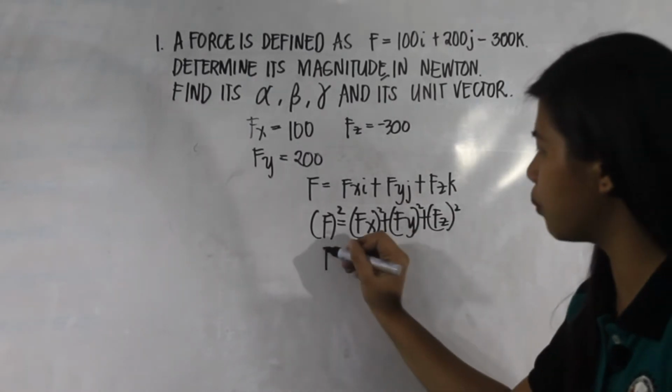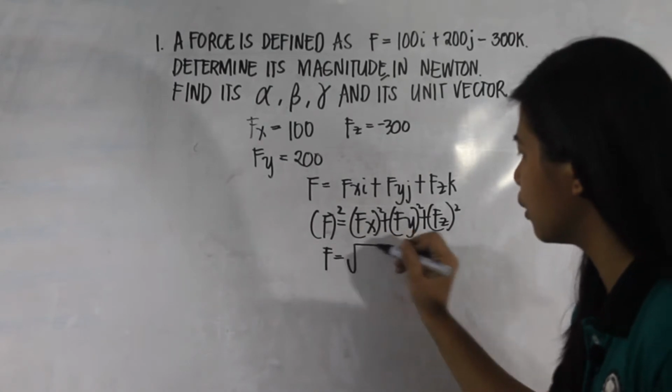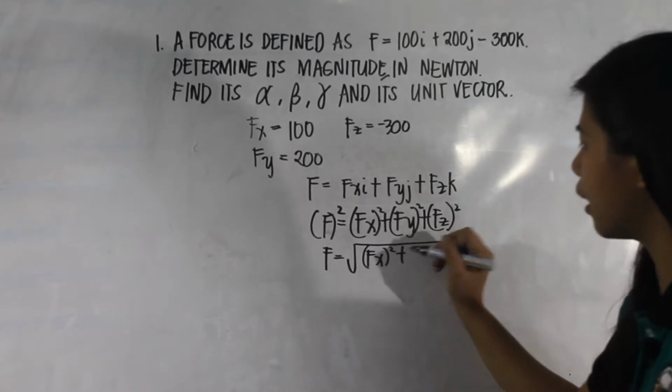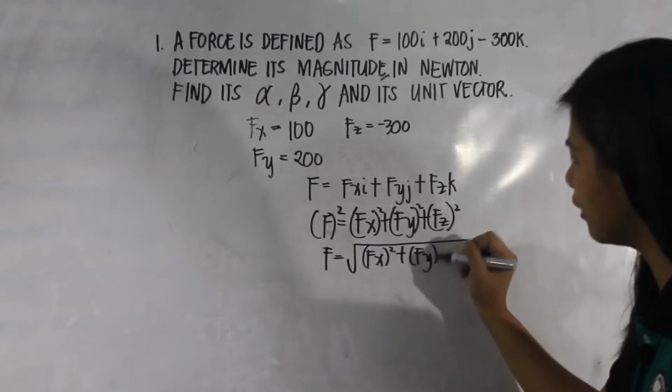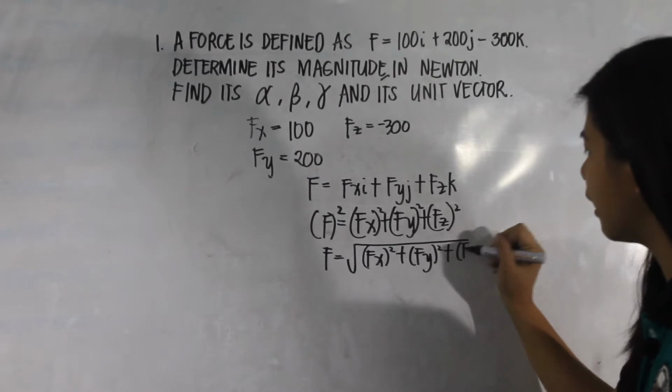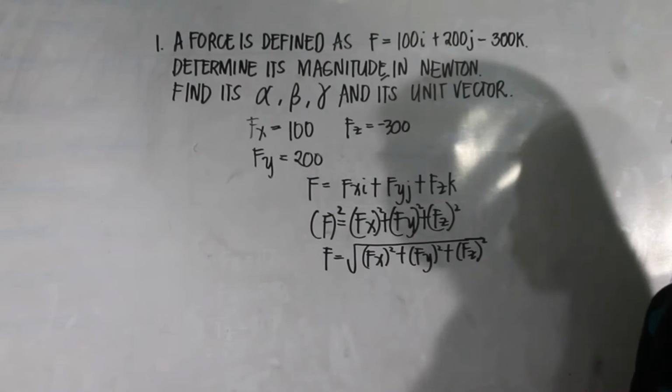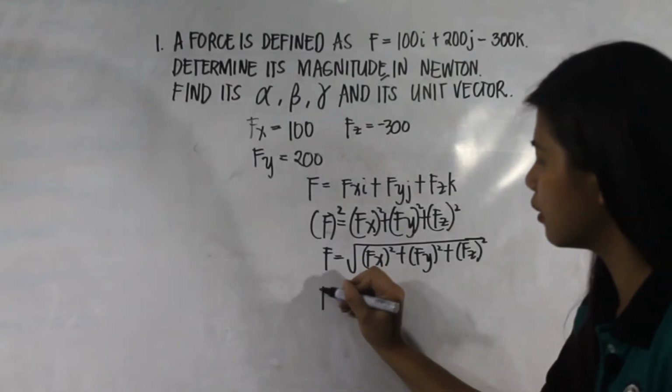So that will give us the formula F is equal to the square root of Fx squared plus Fy squared plus Fz squared. So substitute the given.